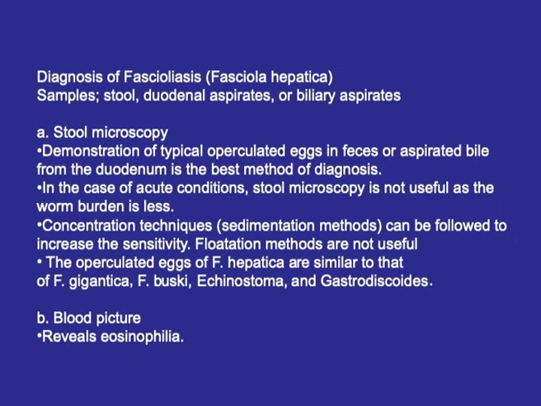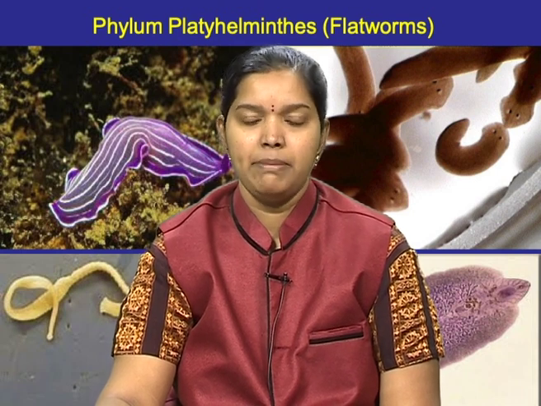Then the second one is the blood picture. Another disadvantage of stool microscopy is that the eggs of different species of fasciola cannot be distinguished. All the eggs remain similar, so we cannot correctly diagnose whether the disease is caused by Fasciola hepatica.